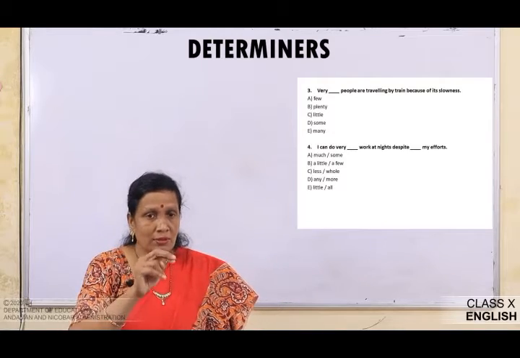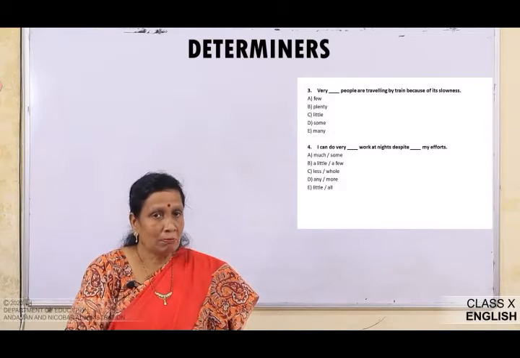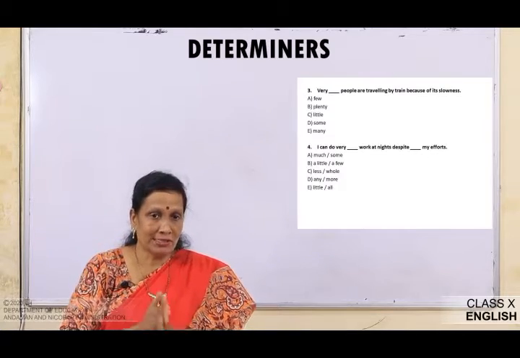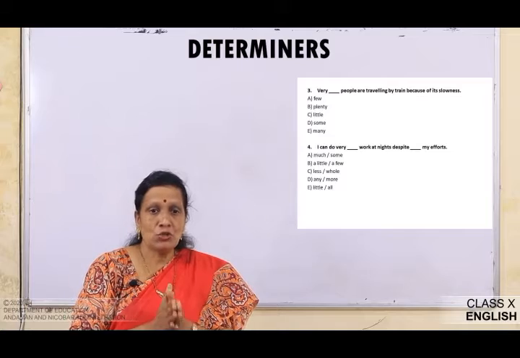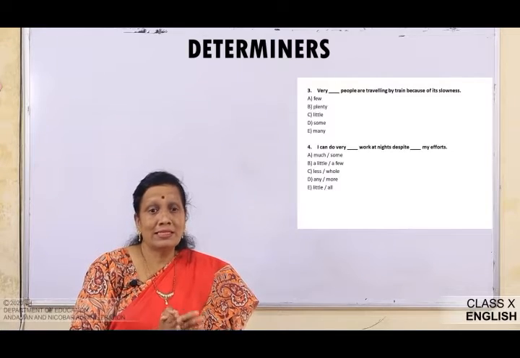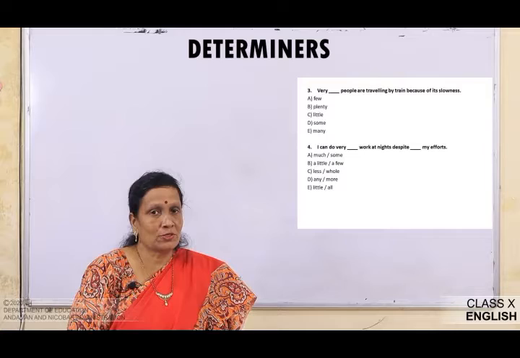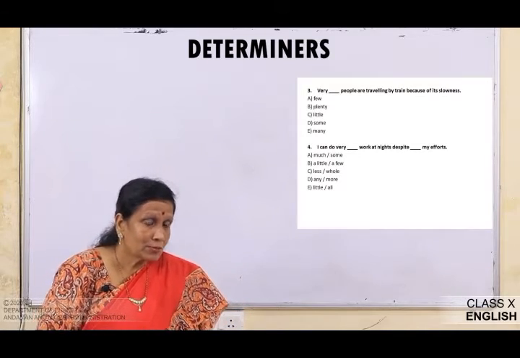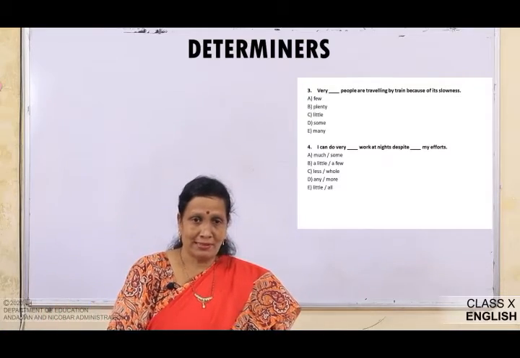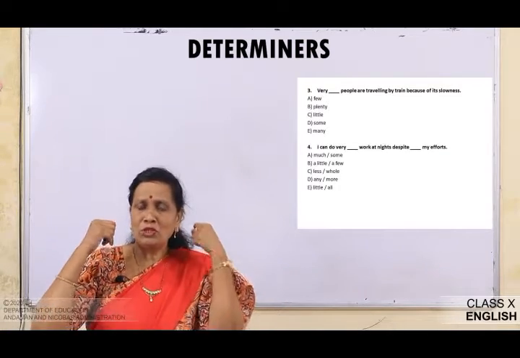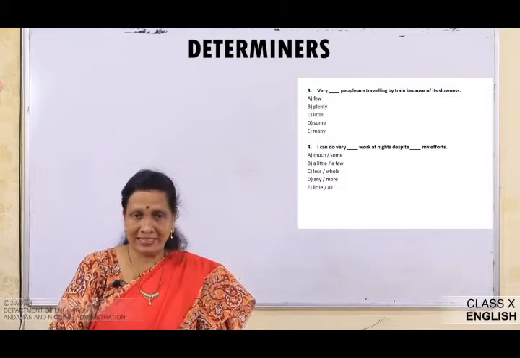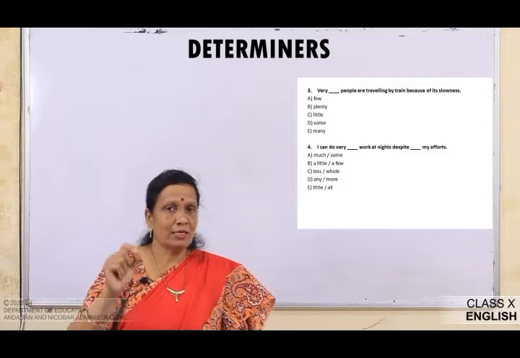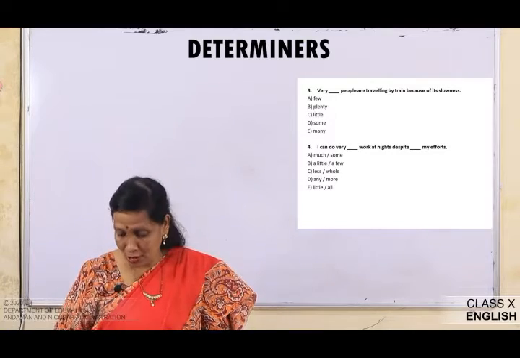So, you need to select the right option for both the blanks. Despite there is a blank my efforts. So, I can do very little. Option E is the correct option. Very little work at night despite all my efforts. Even if I put all my efforts, I am not able to work at night. So, you should try to understand the sentence, children, properly, and then only you will be able to choose the correct options.